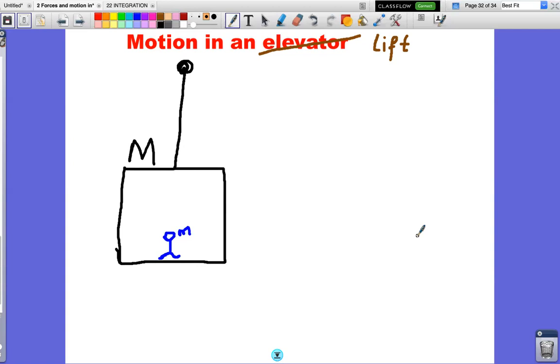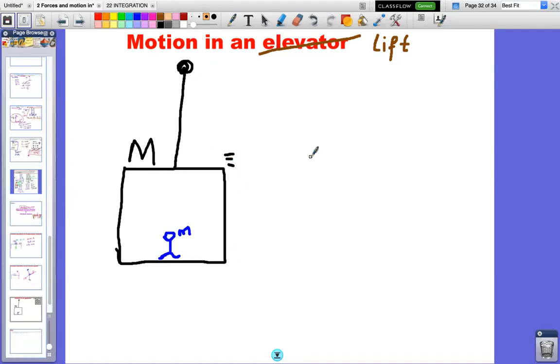What are the forces acting on this elevator? We will first consider the elevator as a whole. This is the elevator, and then that is the cable, and this is you and the elevator with total mass M plus m, right?